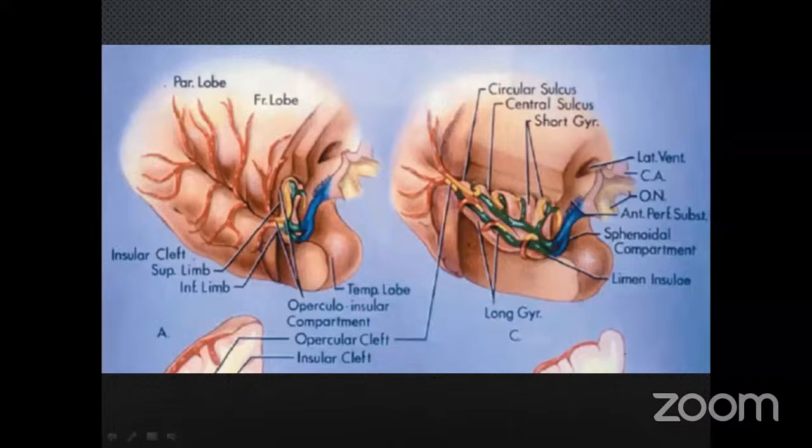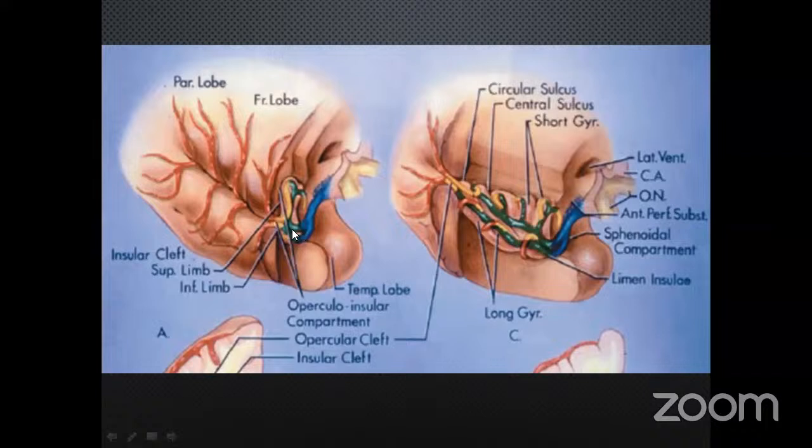So this is basically showing the turns which the MCA takes. So this is the MCA, M1 segment, and it divides into the superior and inferior trunks. So superior goes to the superior surface of the hemisphere and inferior towards the inferior part. And this green part is the M2.